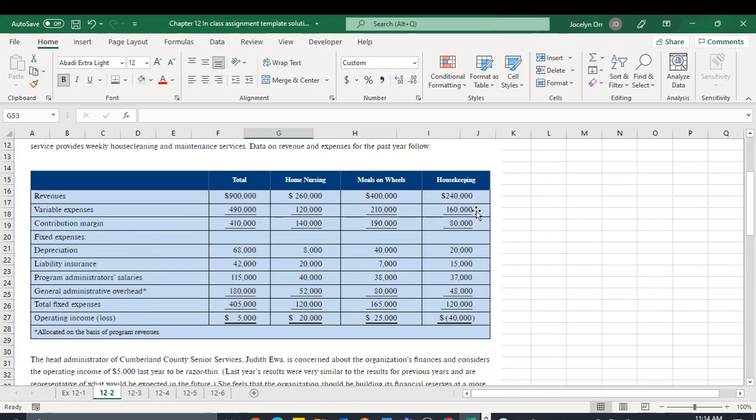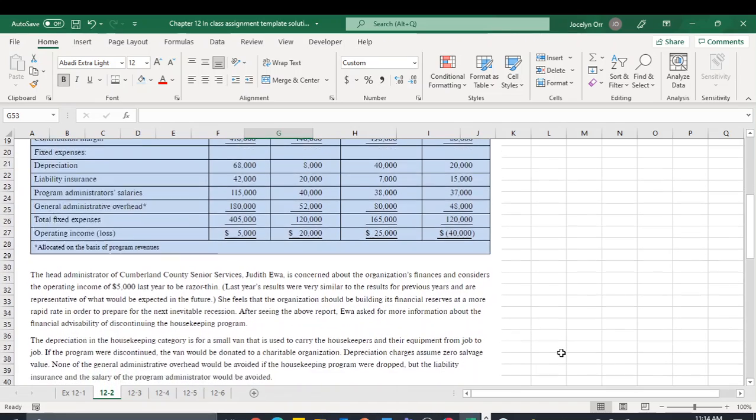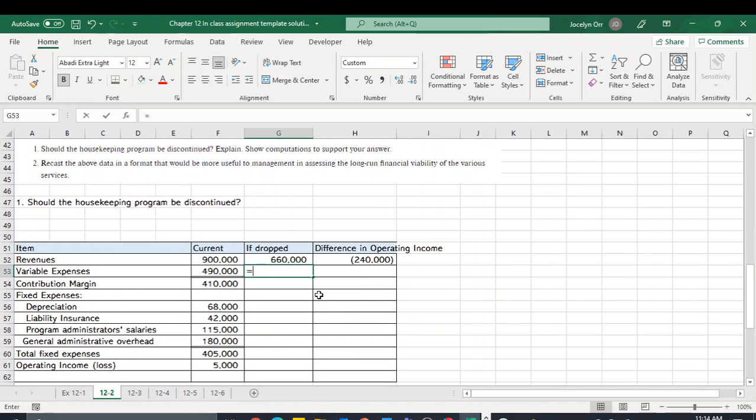Our variable expenses are $160,000. So we can avoid those costs. So the difference between the two would increase our operating income by $160,000 because we are saving on those costs.